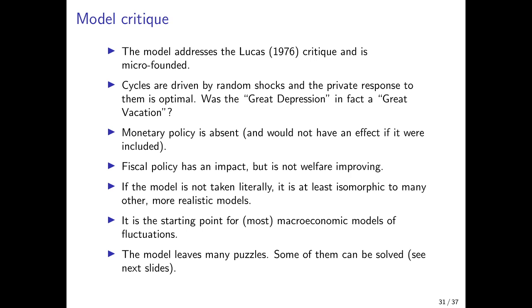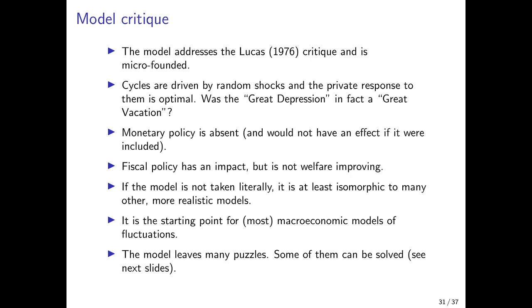The cycles are driven by random shocks, and the private response to these random shocks is optimal, as we said, and that has led to one of the crucial critiques on the real business cycle model, that actually the huge unemployment that we see in the real world, and to which I alluded to on the previous slide, would all be explained by optimal private labor supply decisions.